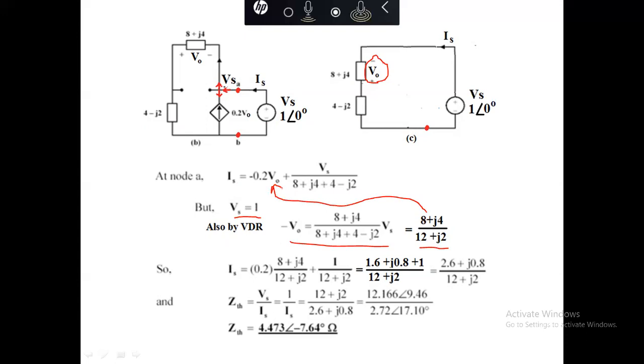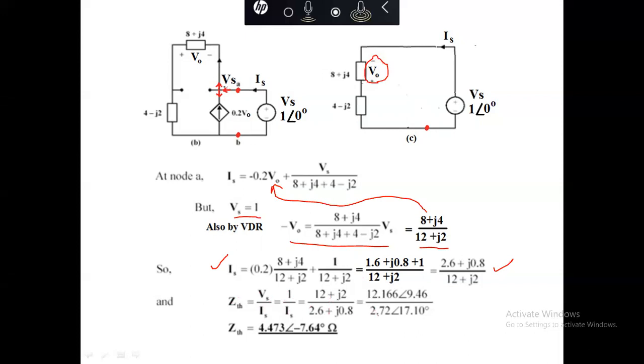Now we substitute this value of V out in this equation to find the value of IS. This is the value of IS, and now we find the value of ZThev by dividing Vs by Is. Vs is equal to 1 and Is is reciprocal of this.